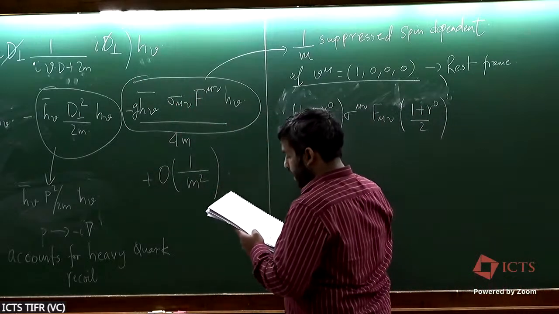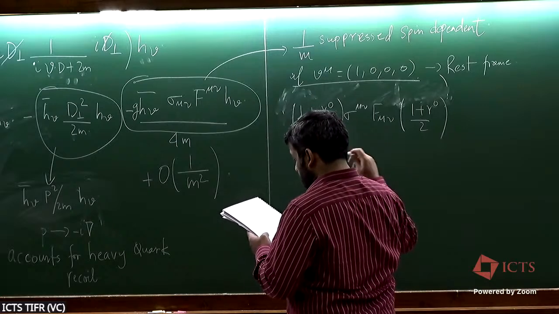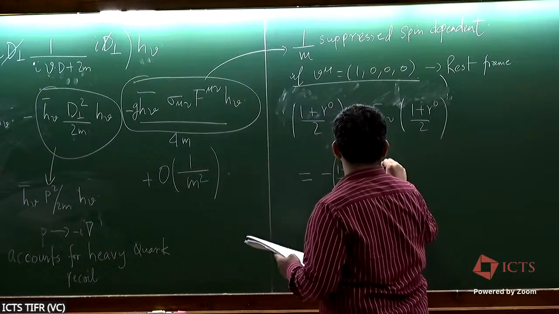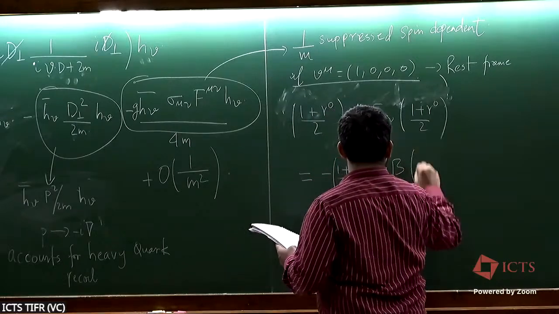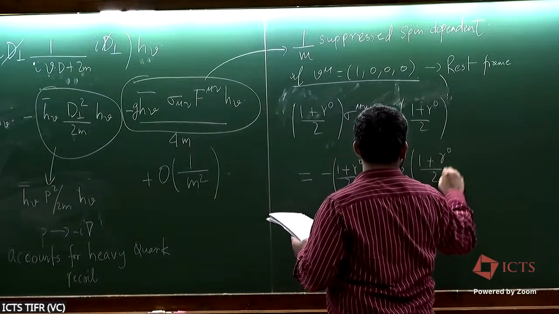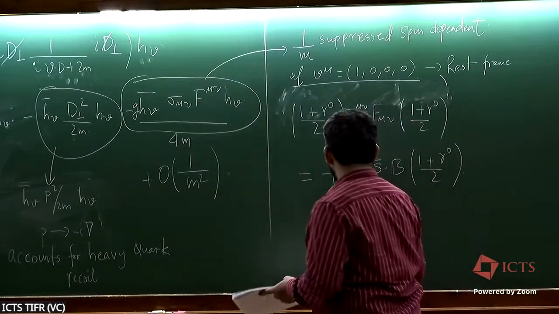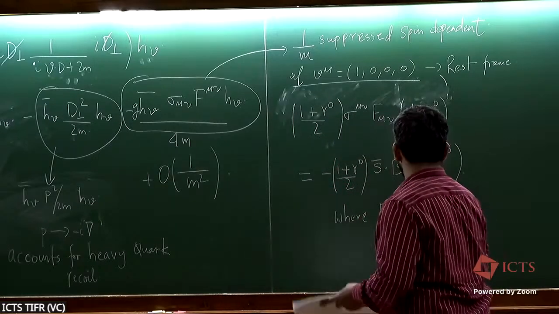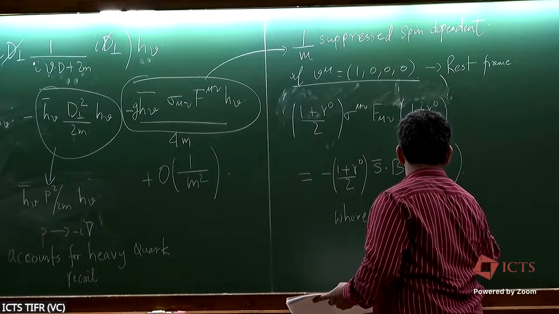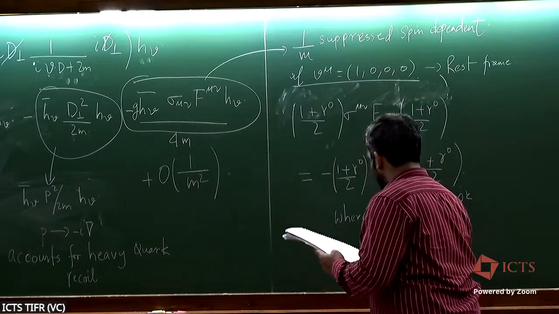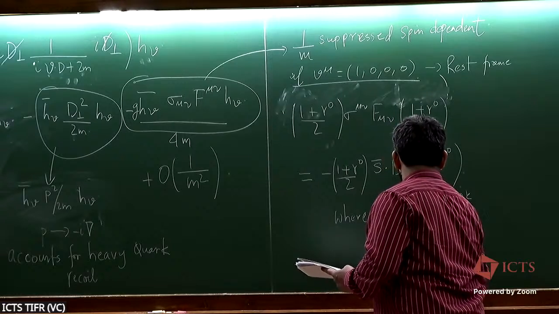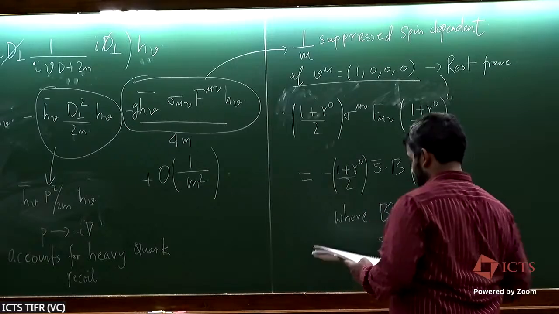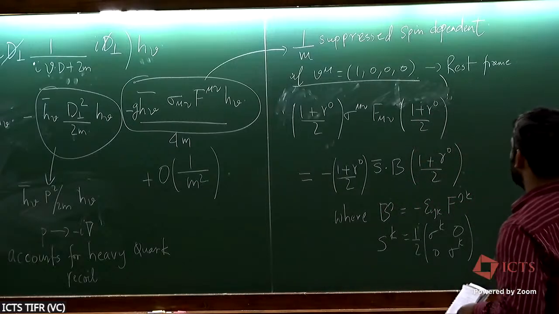To something like minus 1 plus gamma 0 by 2 S dot B 1 plus gamma 0 by 2, where Bj is F jk, and so this is my chromomagnetic field.